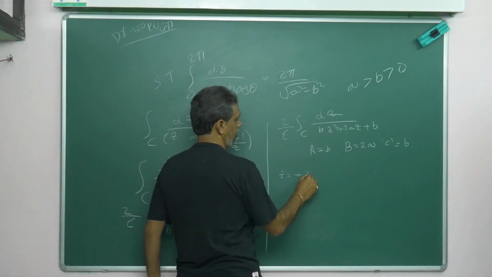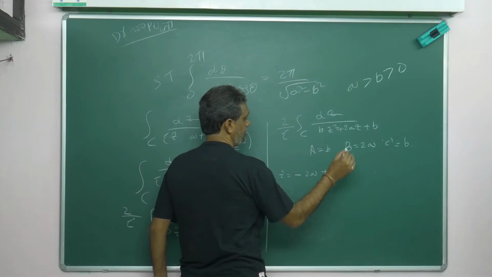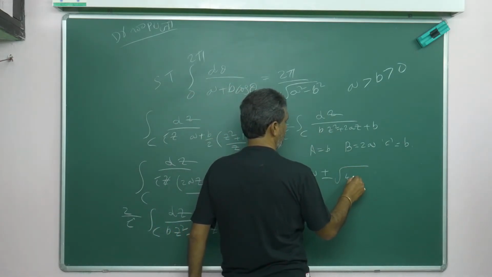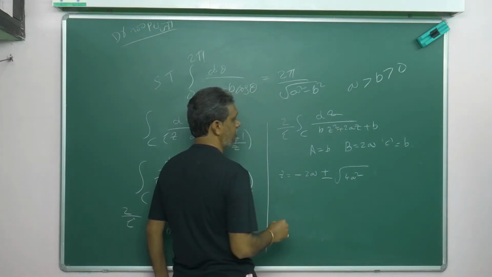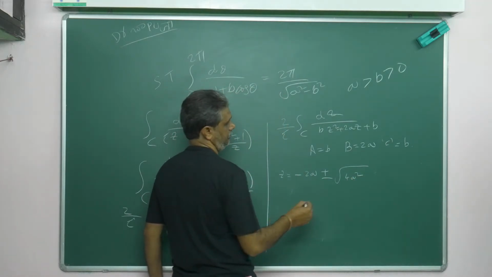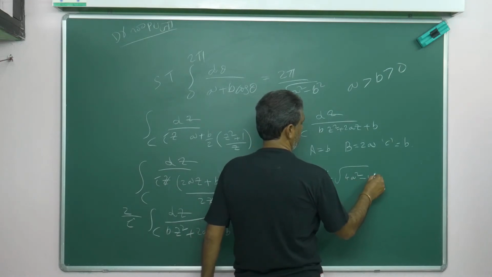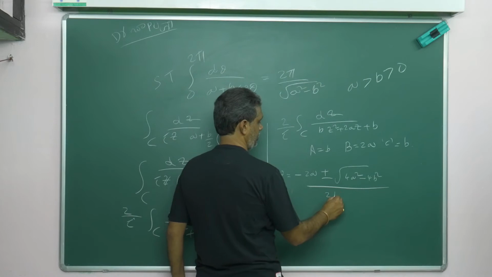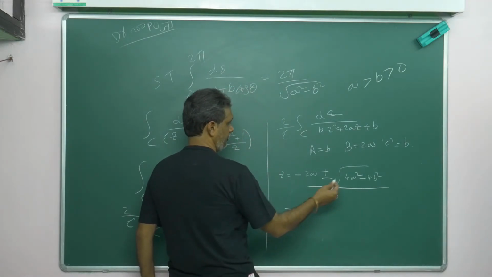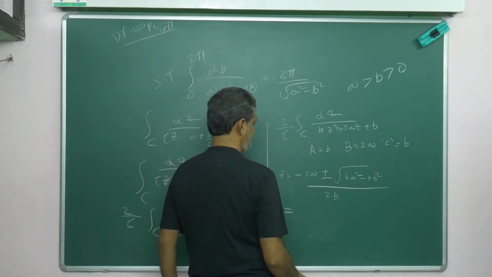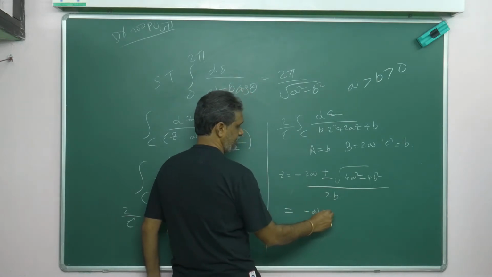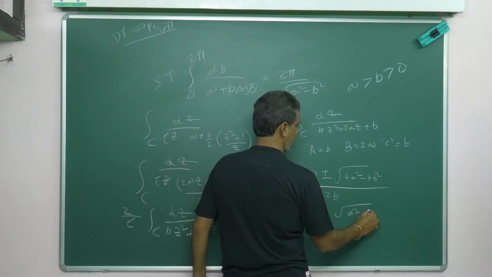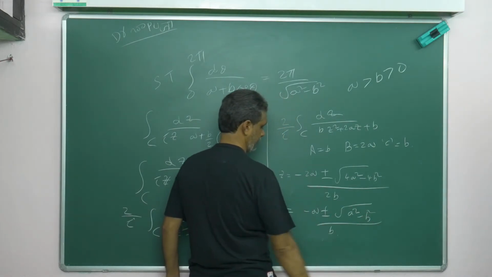Minus 2a plus or minus root of 4a square minus 4b square by 2b, correct or not? So from this, if I cancel 2, what is the balance? Minus a plus or minus root of a square minus b square by b.